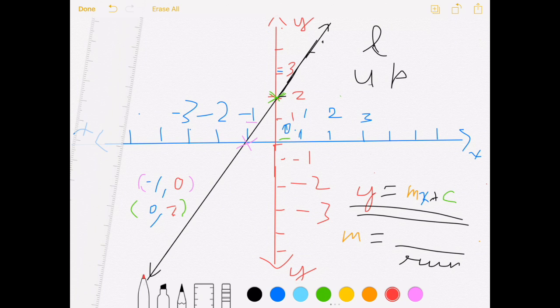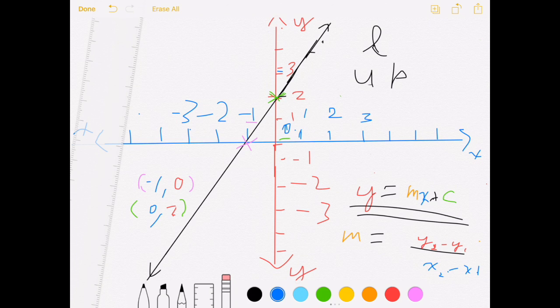So the rise is change in y. We can also say delta y over the change in run. So run can be said as delta x. So the gradient is delta y over delta x. What does this mean? It means delta y is y2 minus y1, and delta x means x2 minus x1. So using this formula, we can find out the gradient for any line.